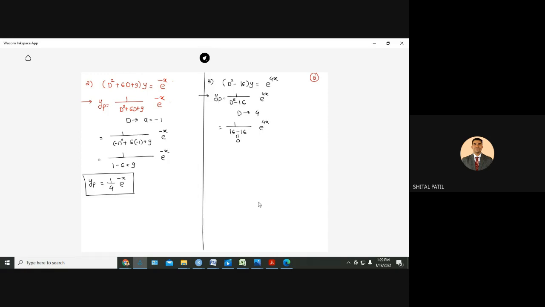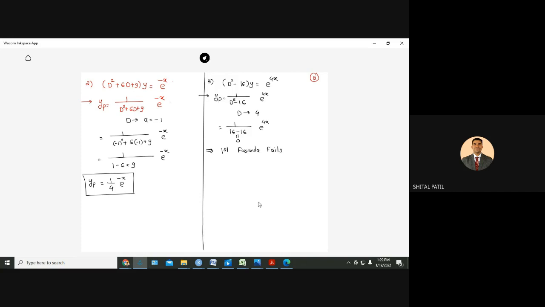Always our aim in mathematics, in fact everywhere, is to find non-zero and finite answer. Answer should not be 0, should not be infinity. So what is conclusion? First formula fails. Whatever first formula you written, that is wrong.